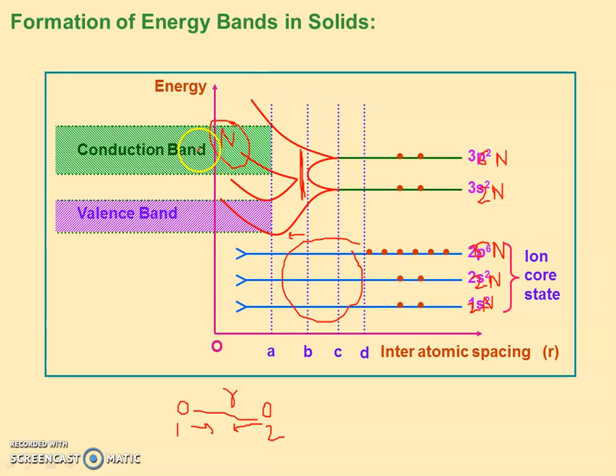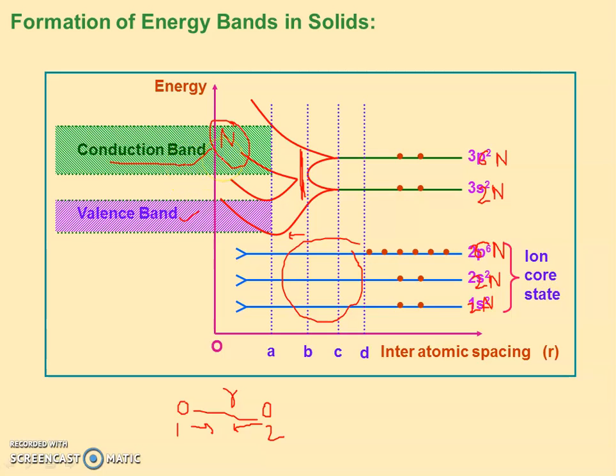It means this energy band, the conduction band, contains all energy levels which are vacant, and the lower one is the energy band made of energy levels which have electrons. So this is called the valence band and this is the conduction band.